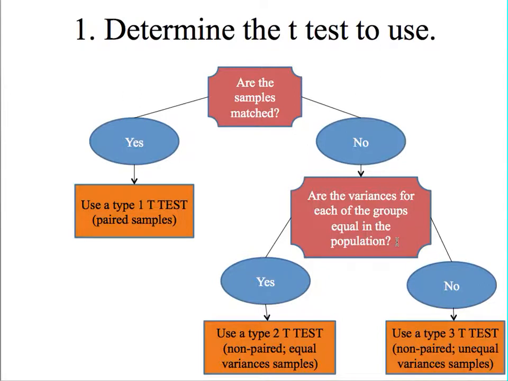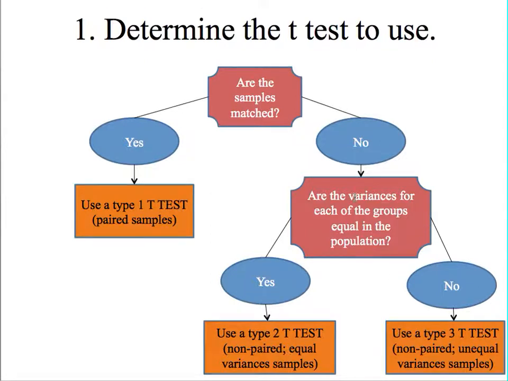If we have a reason to believe that they are equal in the population across male and female students, then we use a type 2 test. It's a non-paired samples test assuming equal variances.